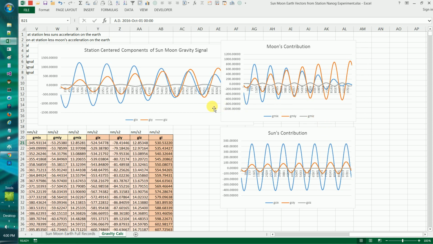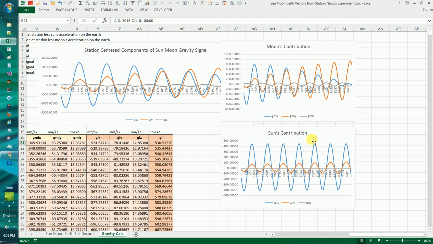If I measure and calibrate a 3-axis gravimeter, and I detect a total signal like this, if I keep the moon's contribution constant, that is at its nominal values that everyone agrees on, then I can solve for the sun's component.